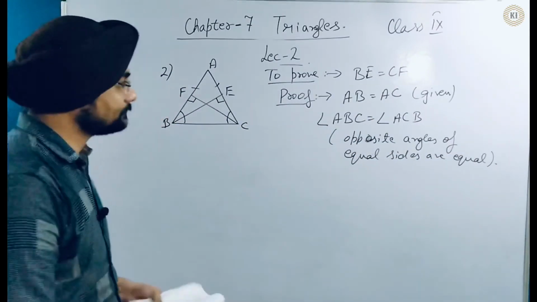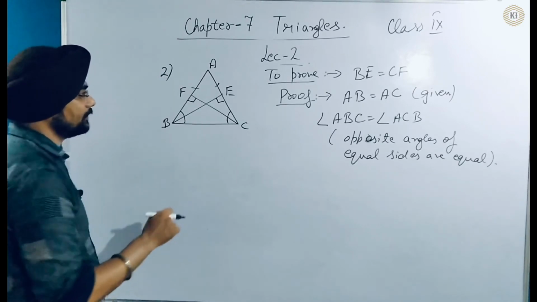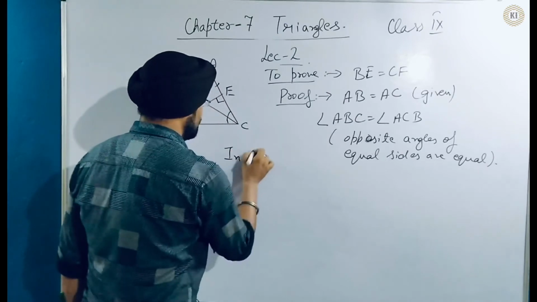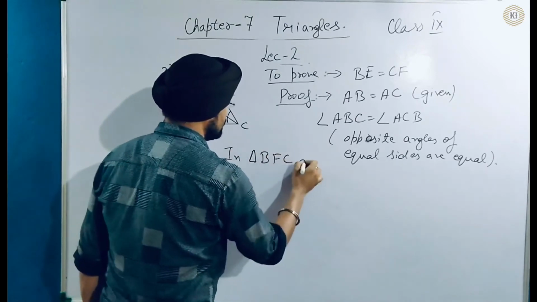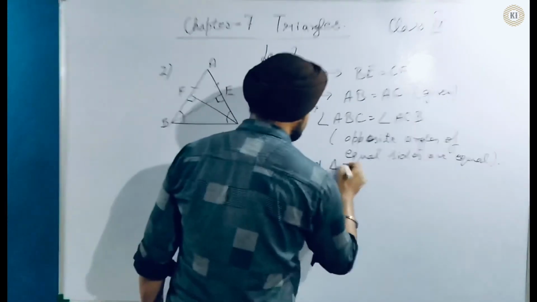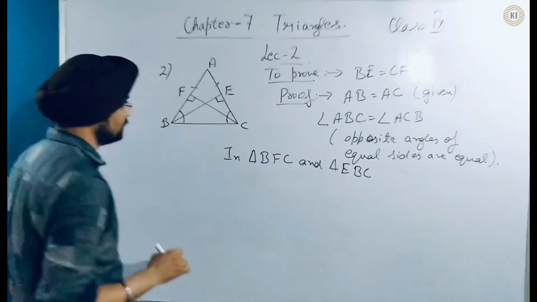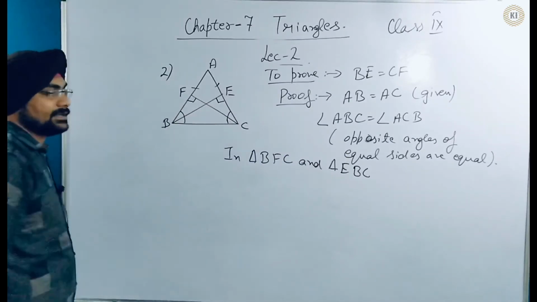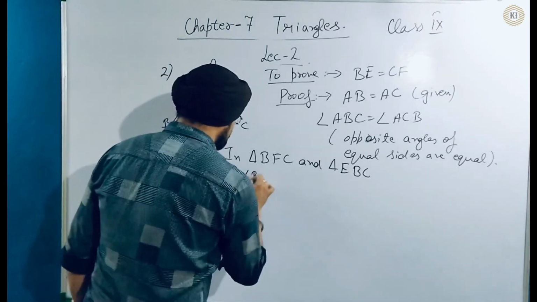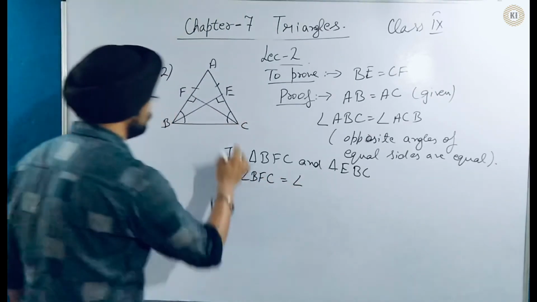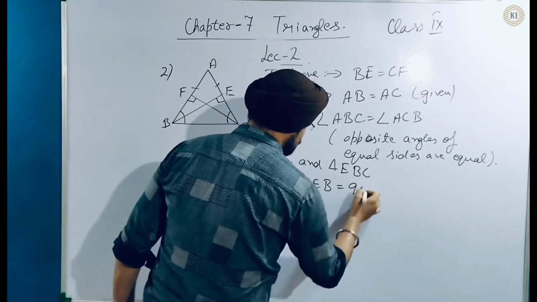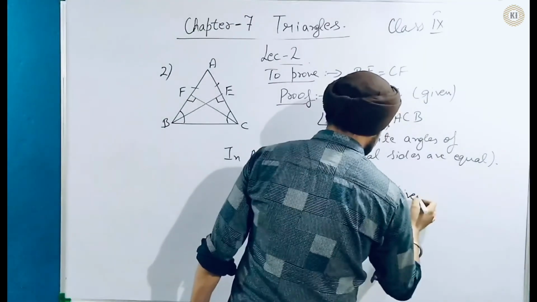So now we will take two triangles to prove it, triangle BFC and triangle EBC. First, these two angles are given as 90 degrees. So we can write angle BFC will be equal to angle CEB will be equal to 90 degrees, that is given.